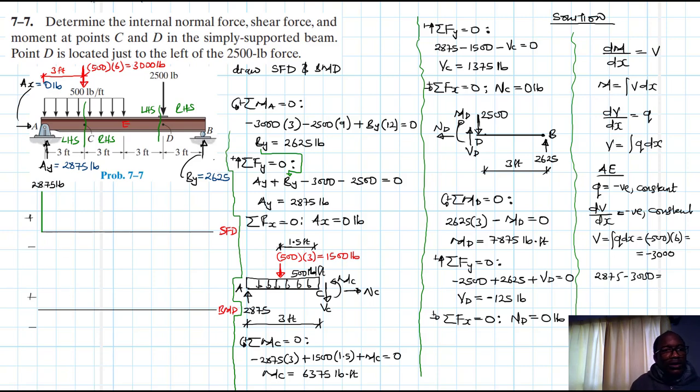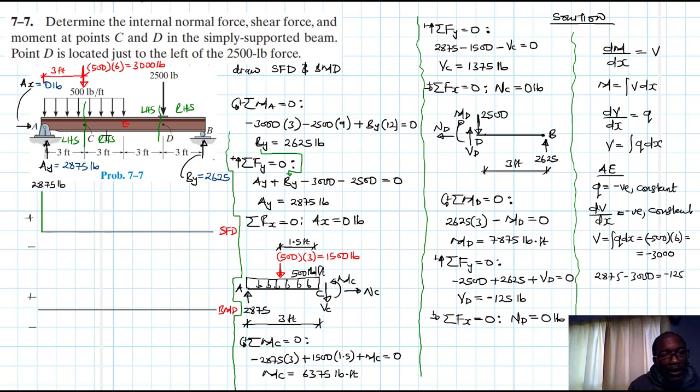Sorry about that. So 2875 minus 3,000, we have a minus 125. So let's move in the negative direction.